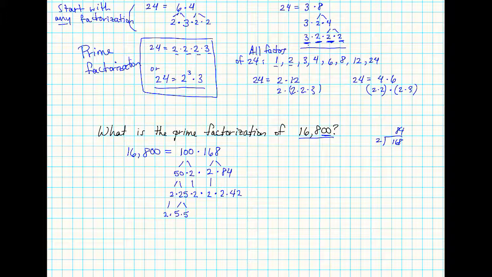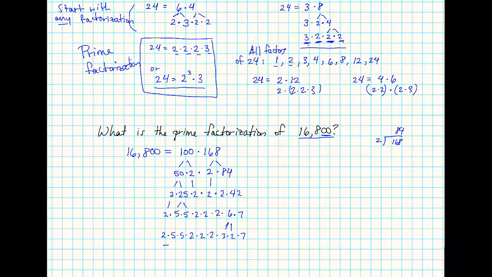We have 1, 2, 3 2's. 42 I know is 6 times 7. And finally, I think the last thing we need to break down is that 6. So we have 2 times 5 times 5 times 2 times 2 times 2 times 6 is 3 times 2, and then times 7.